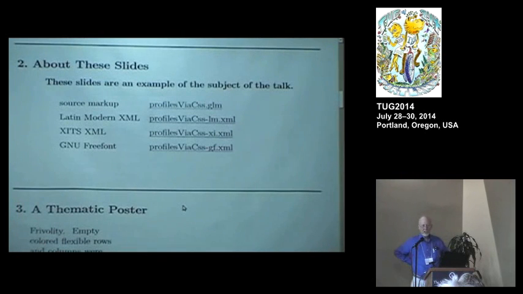These slides are an example of the subject of the talk. You're looking at profiled LaTeX. You're looking at the XML guise of profiled LaTeX. So the generalized LaTeX source in the category of profiled LaTeX gets processed, it becomes XML, and the XML gets reprocessed a little bit.